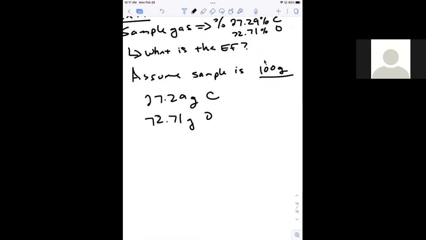Is that right? Because now we have a number we can work with to determine empirical formula, because in order to do that, you need moles. But you can't get moles from those percentages, but you can get moles from grams. Is that right?